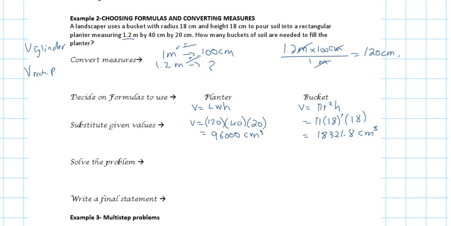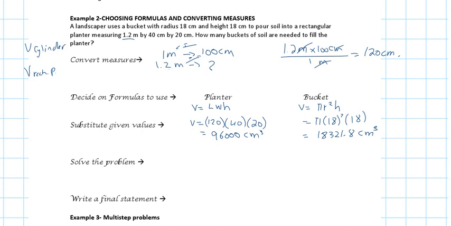Now what is the question asking me for? How many buckets do you need to fill the planter? What do we do? Divide what? That's right. So to find your number of buckets, you need to divide the volume of your planter by the volume of the bucket. And that should give you how many buckets you need.